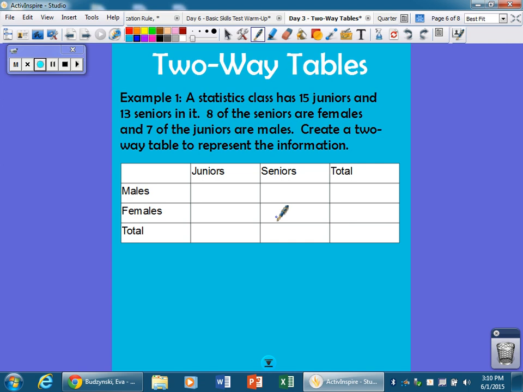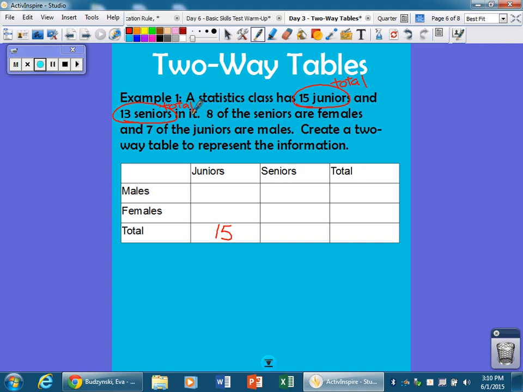A statistics class has 15 juniors. Okay, let's stop there. 15 juniors. Does it say whether they're male or female? No. It says total juniors are 15. So I go to juniors, I go to total, 15. My next sentence. 15 juniors and 13 seniors.